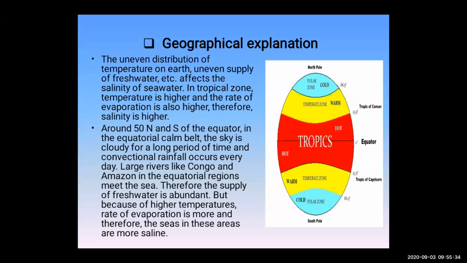But because of the higher temperature, the rate of evaporation is more, and therefore the seas in these areas are more saline. The heat is also more, so the salinity is more in that particular region.